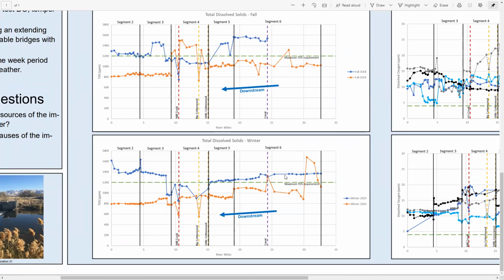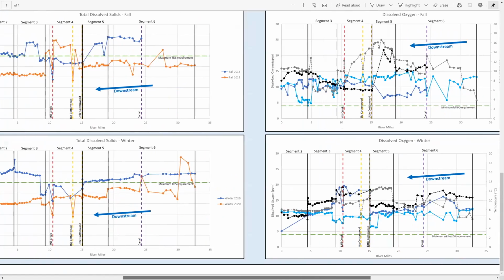So for TDS in the winter, we see 67 samples being above the TDS standard set by the UDWQ. Most of these were from 2019. We see segment 4 showing similar dips at the tributaries as other seasons, and segment 6 showing the same increase in TDS as seen in all the other seasons sampled.